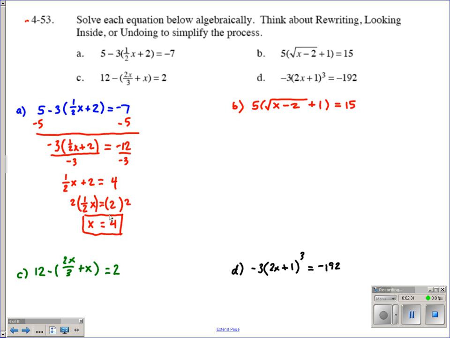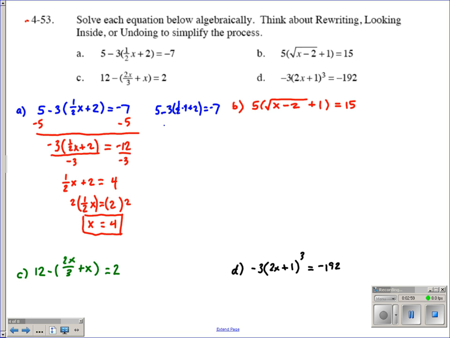Now to check it, you can plug it back in. I'm going to check it in blue. So we're going to say 5 minus 3 times 1/2 times 4 plus 2. Sorry if it's small and hard to read, I'm just cramming it in there. 1/2 times 4 is 2, plus 2 is 4.